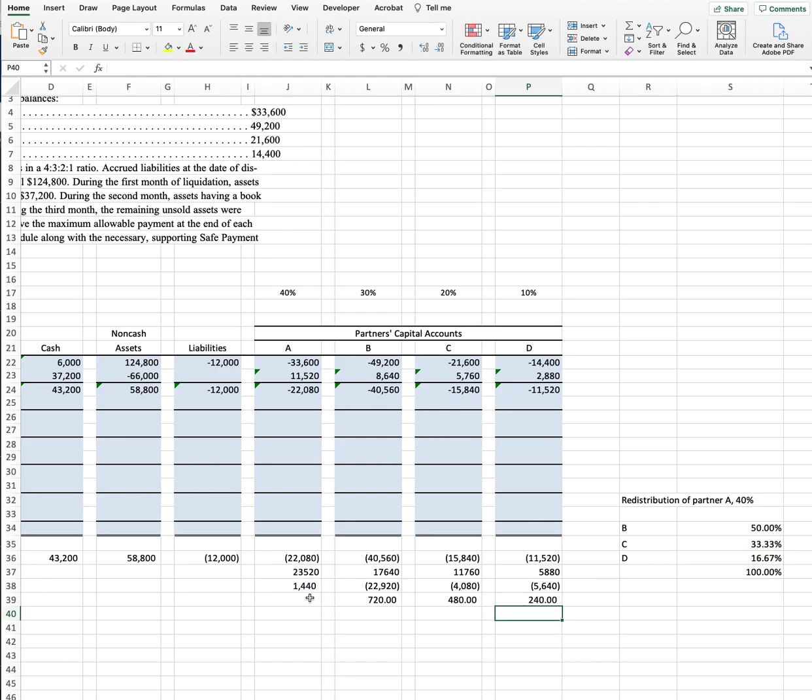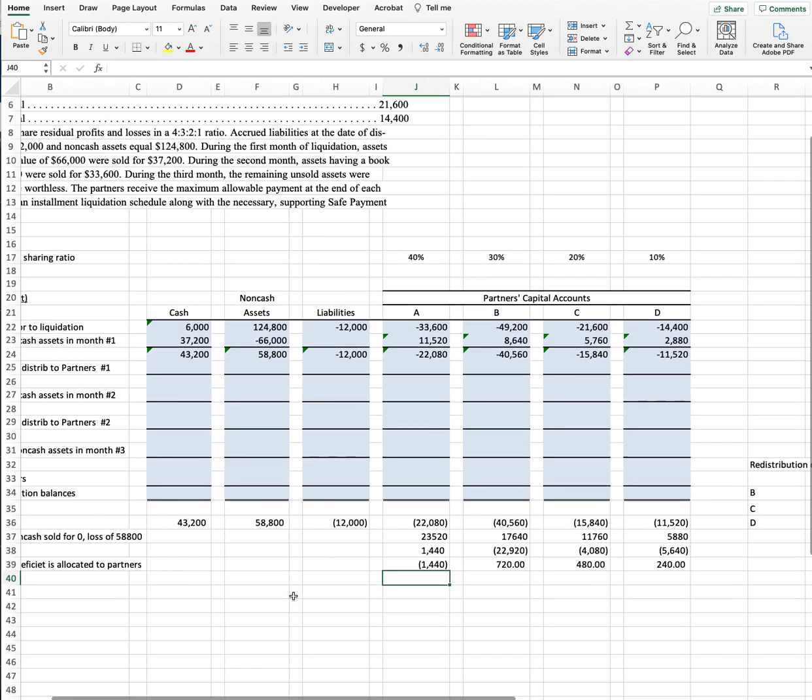And then we have to get rid of the deficit here and do a new sum. So we'll add them together, come across.